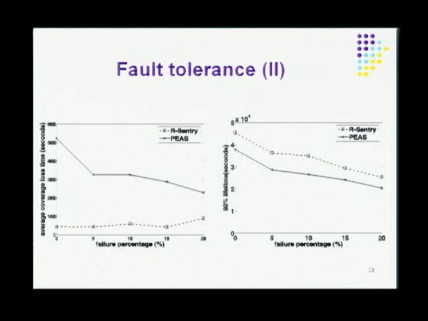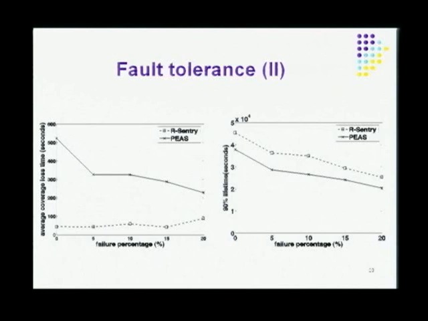Because with the failure percentage increasing, P has a much shorter lifetime. So that's why its coverage loss time decreases here. But this doesn't mean P is better than ours, because their lifetime is shorter, which can be seen from the plot on the right. This is P's lifetime.